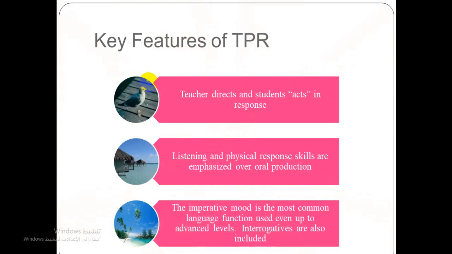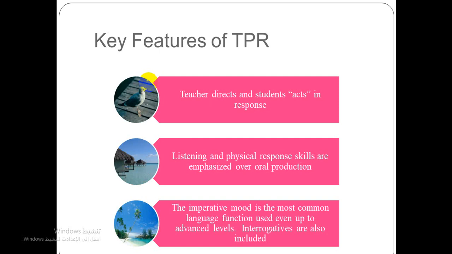What are the key or main features of the total physical response method? We have some features of this method, such as the coordination of verbal and non-verbal actions, and the learner's role of listener and performer.